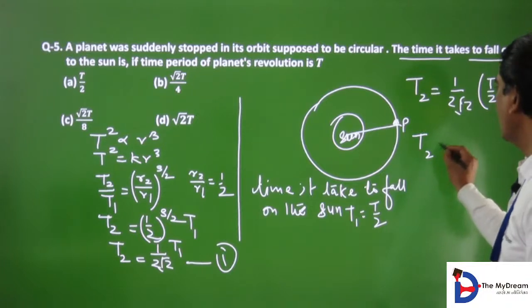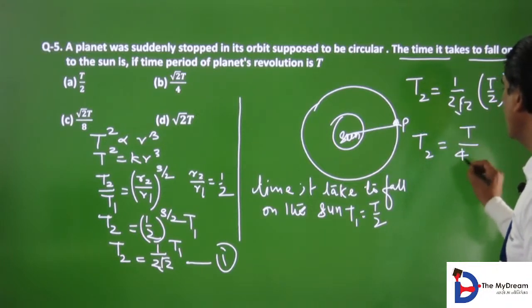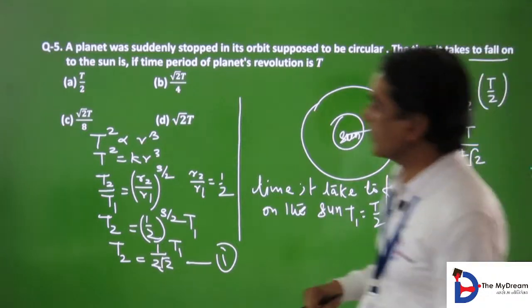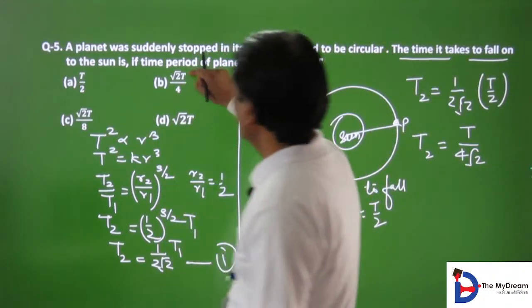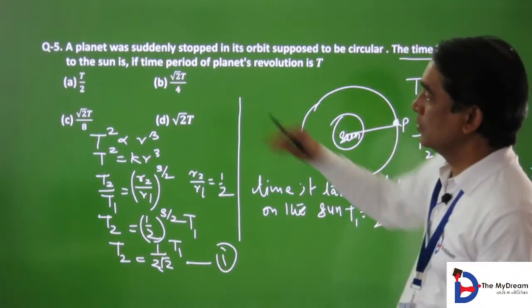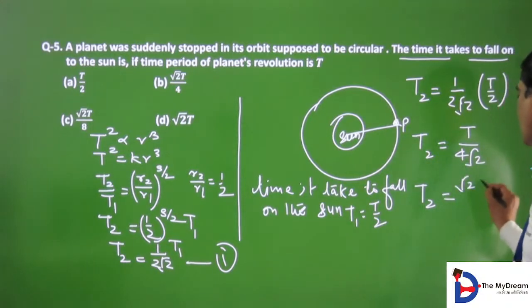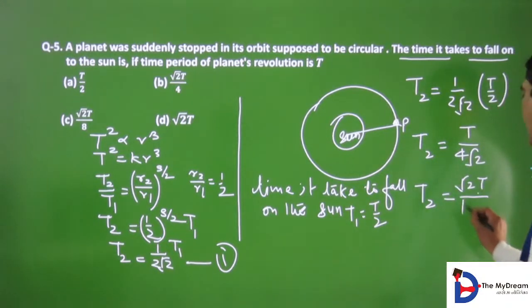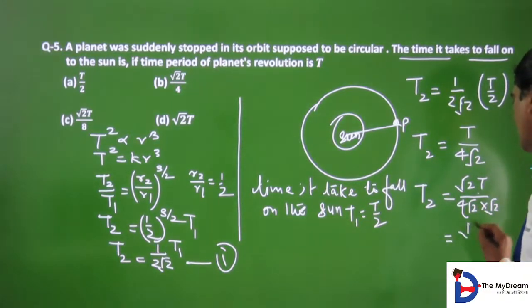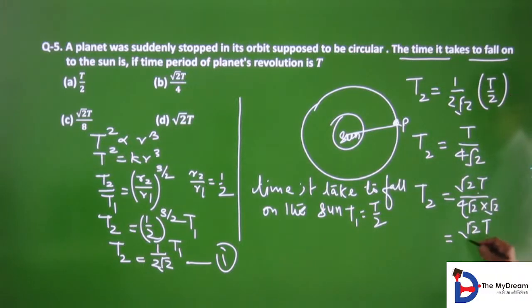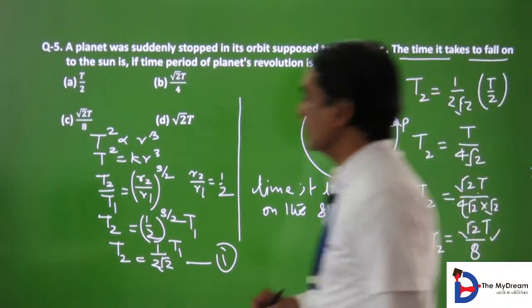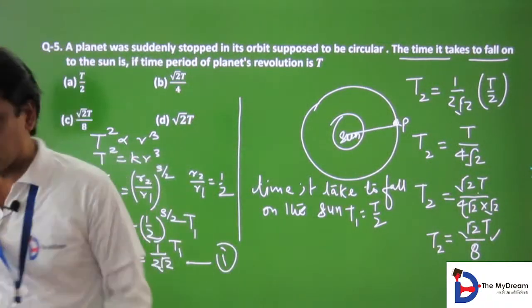So the answer is T by 4 root 2. Which one is correct? If it is multiplied by root 2 and divided by root 2, this will become root 2 into T divided by 8. So this is the time period to fall on the sun.